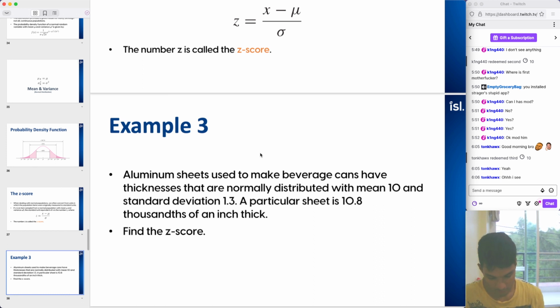So we have z-score. So many ants here. Okay.